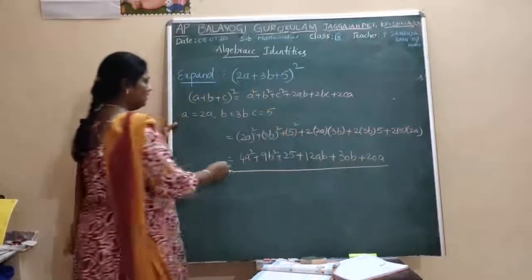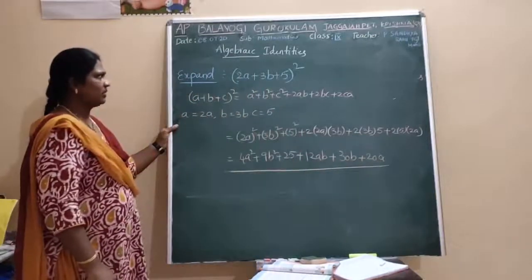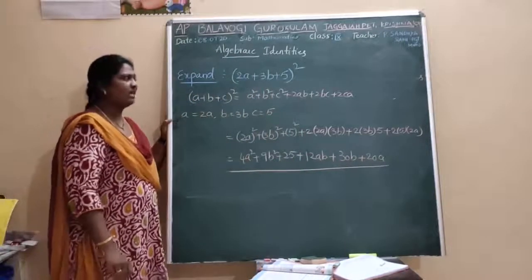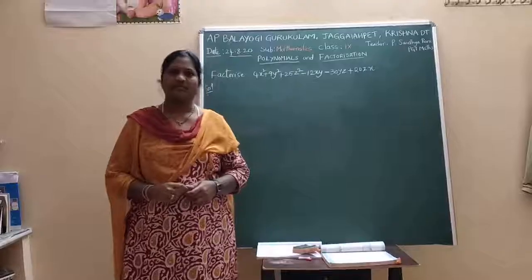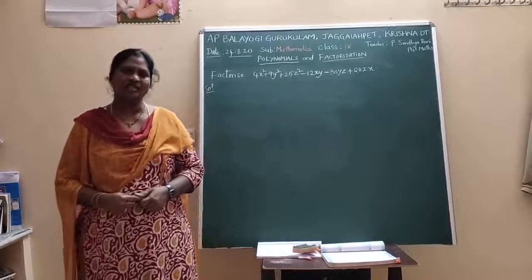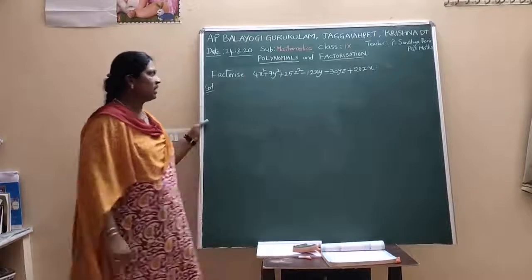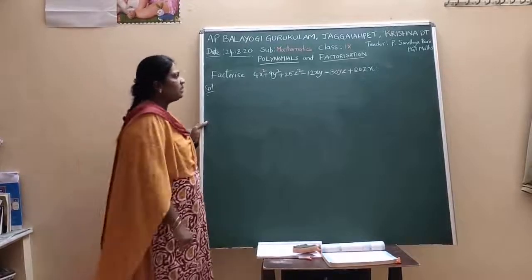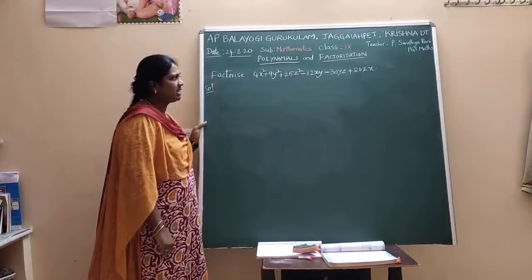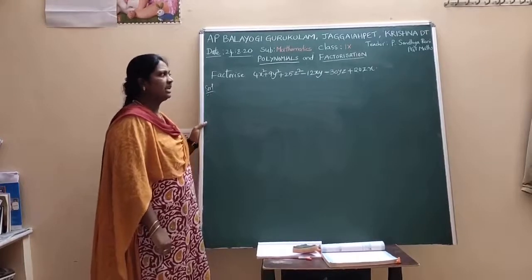This is the expansion of 2a plus 3b plus 5 whole square. Let's see one more problem, children. That is factorize 4x square plus 9y square plus 25z square minus 12xy minus 30yz plus 20zx.